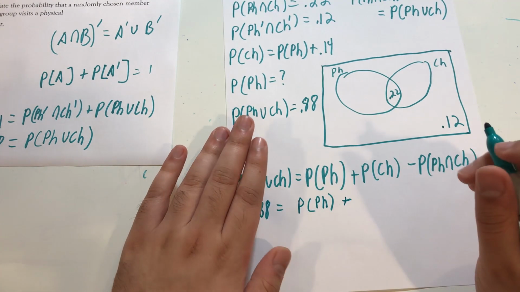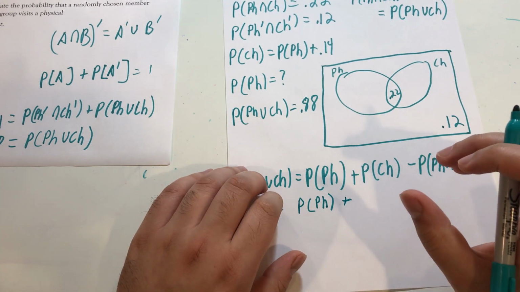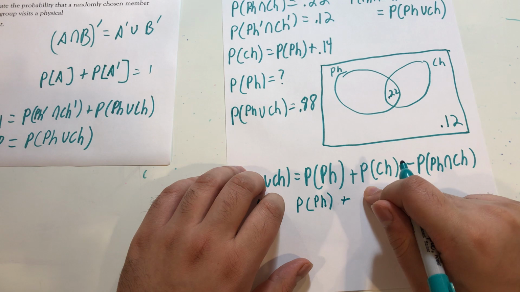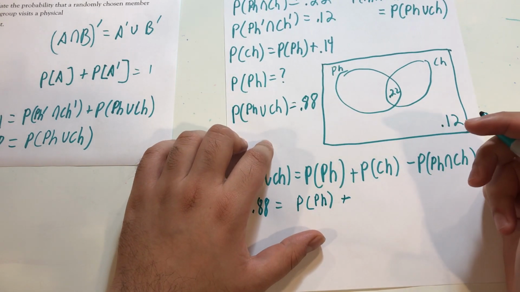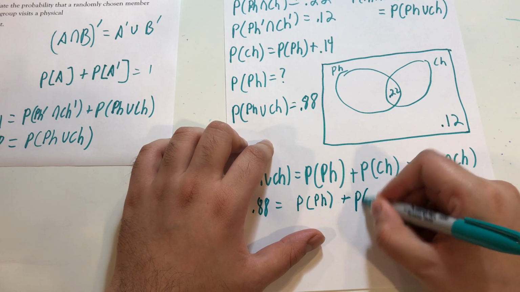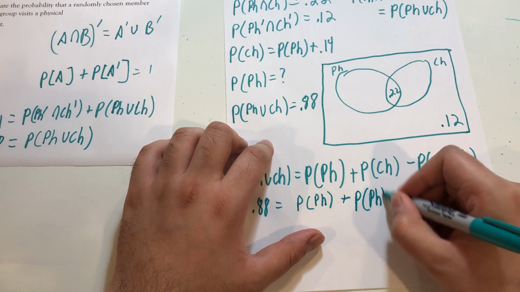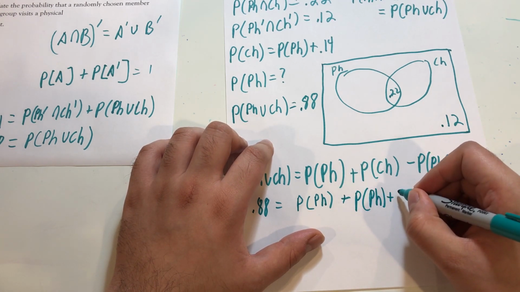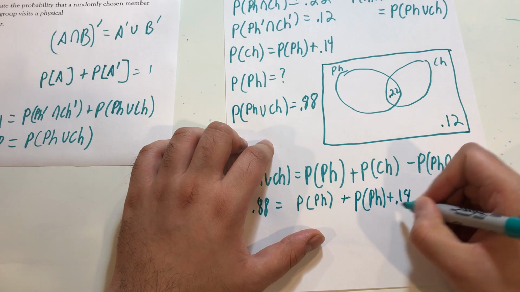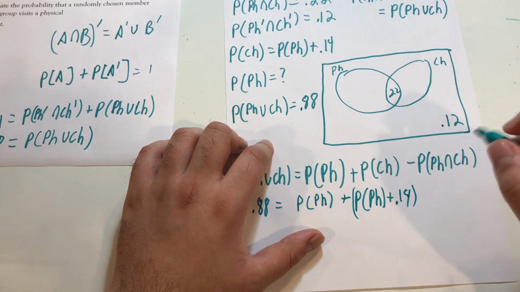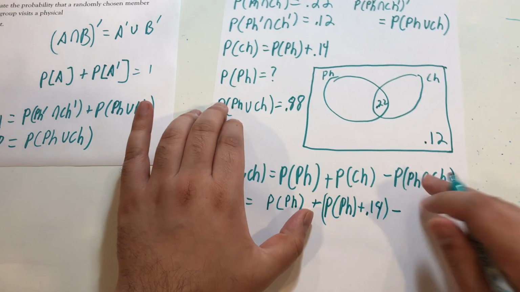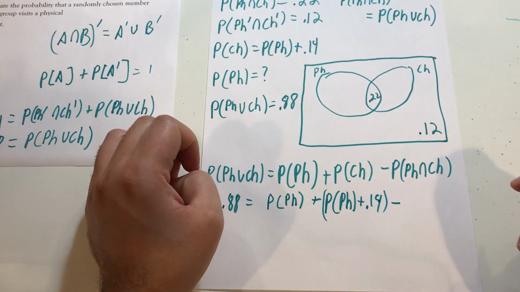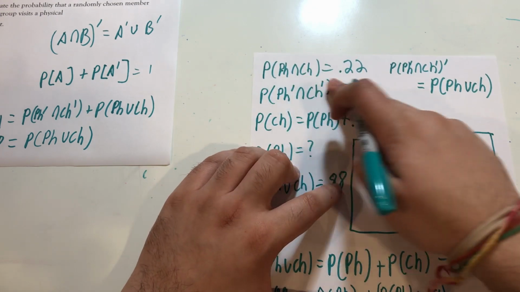And we don't have a set value for probability of going to a chiropractor, but we do have a formula we can substitute that'll make our lives a lot easier. Probability that you go to a physical therapist plus 0.14, and that should be in parentheses, right? Even though it's not going to matter in this case. Subtracted by the probability that you go to both, which is right up here at 0.22.